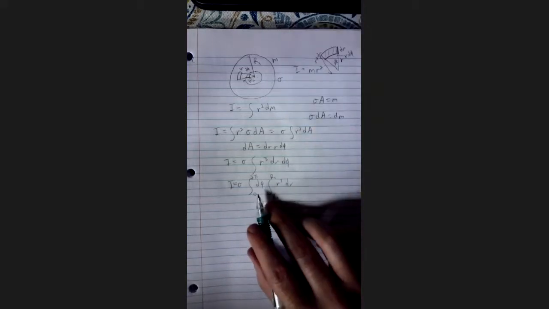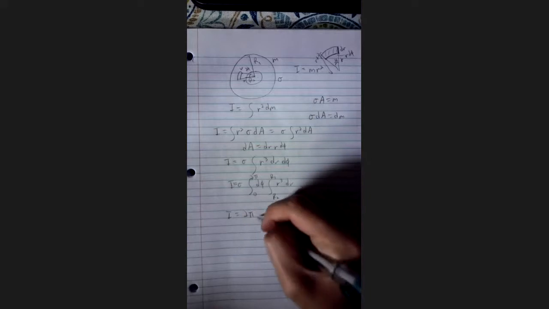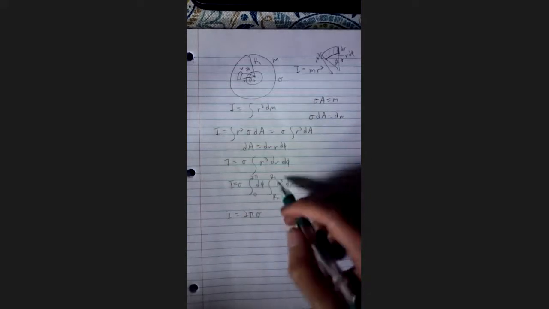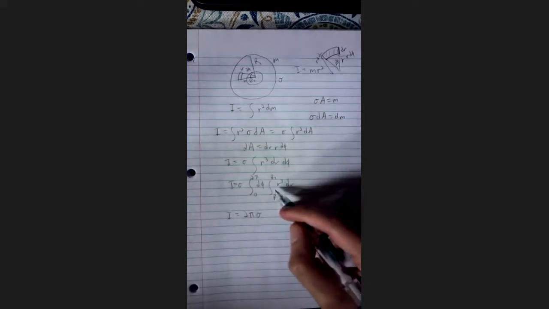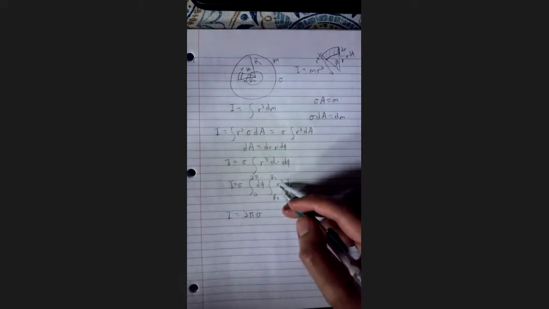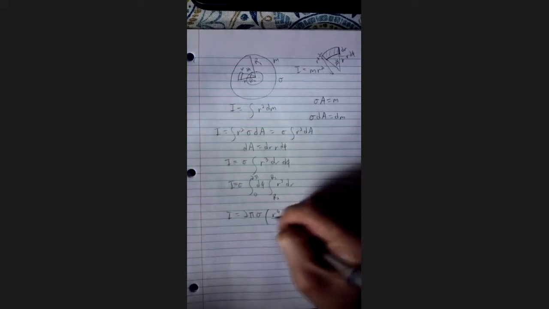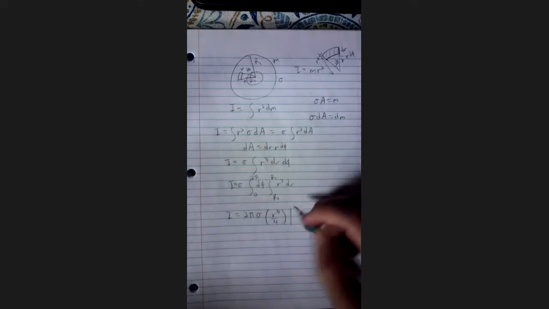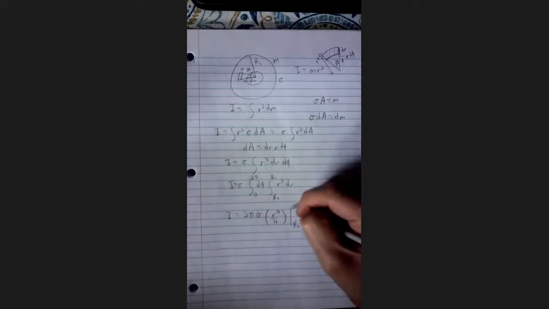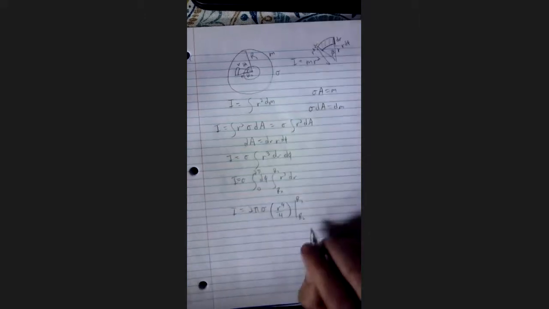Okay, so if we integrate over the phi part, we just pick up a 2 pi. So we have 2 pi sigma times this integral. Well, we have r cubed. To integrate it, we increase the number by 1 and then divide by it. So we have r to the 4th over 4. And then we evaluate this from r2 to r1.